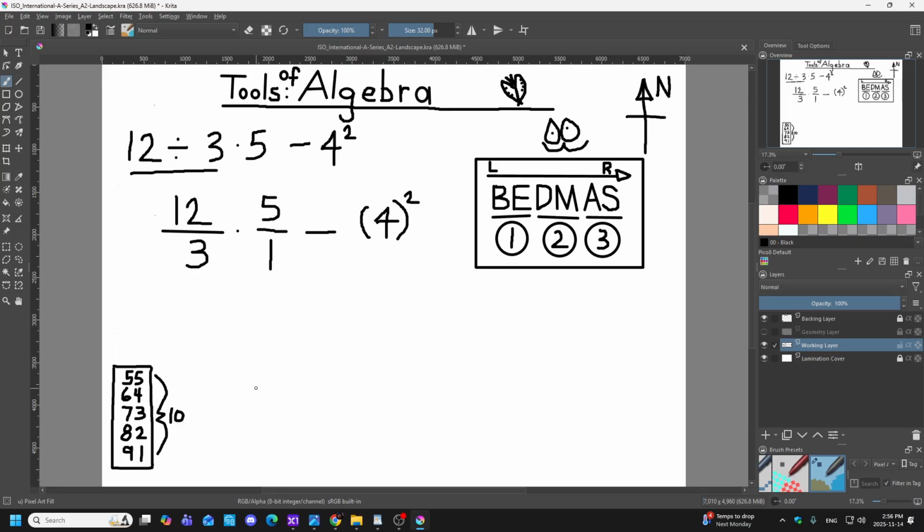I write it like this because we know that 5 over 1 is still 5. I can go 12 divided by 3, which we all know, obviously. We know that 3 times 4 equals 12.